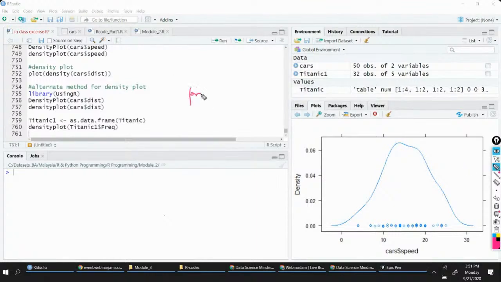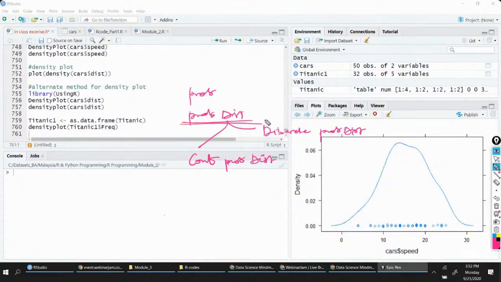Probability distribution, and this probability distribution can be measured as discrete probability distribution, and then we also have continuous probability distribution, and this is based on the data for which we are measuring the probability for.